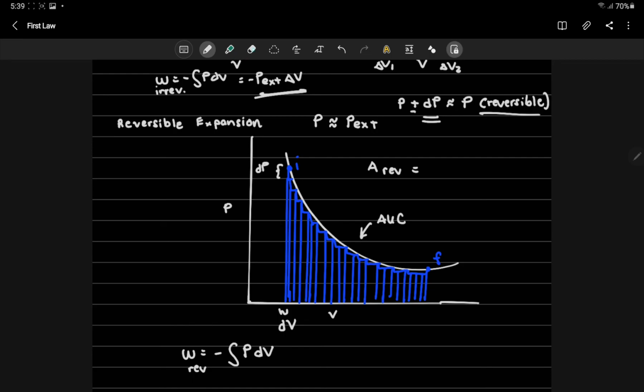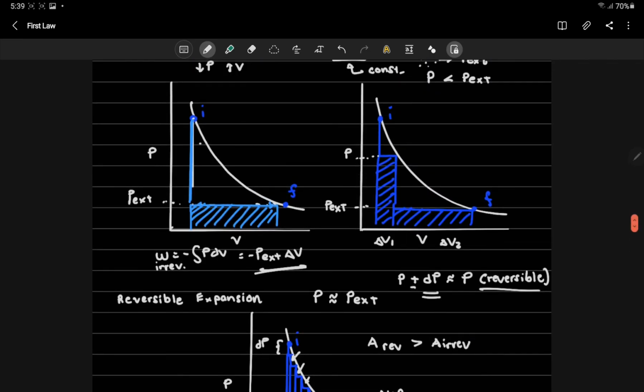is greater than the area you have seen for the irreversible process. Okay, in fact, na-maximize natin yung area ng curve. Okay? Kasi habang paliit ng paliit yung dV natin, ang nangyayari is pakonti ng pakonti yung negative spaces dito sa ating graph.